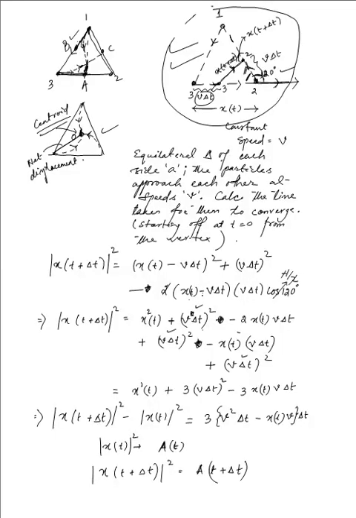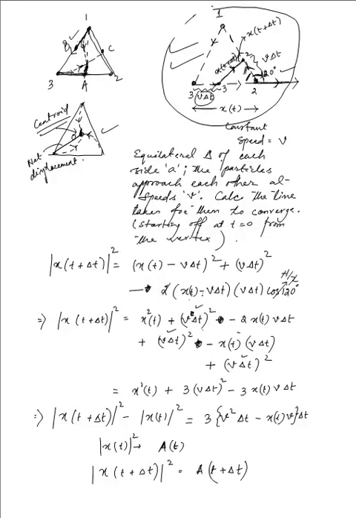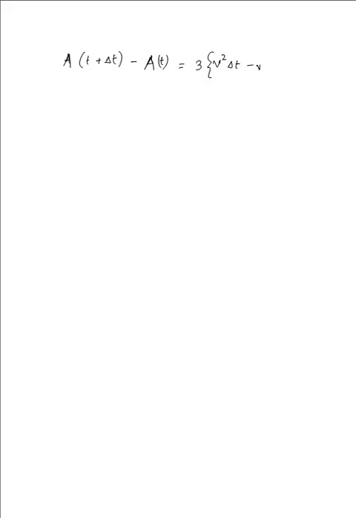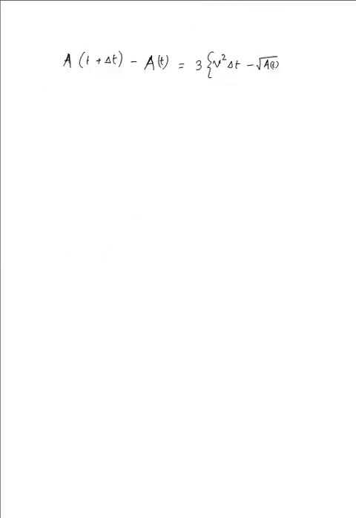Now x(t) will simply be equal to root over A(t), minus root over A(t) times v, whole multiplied with Δt.